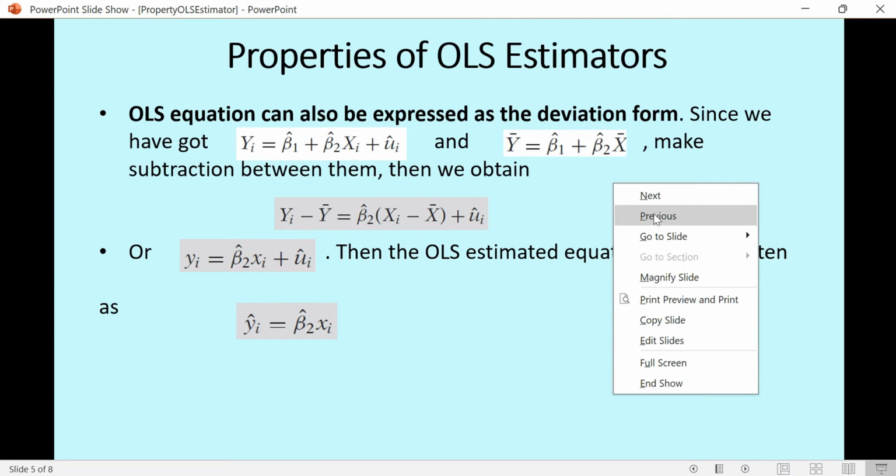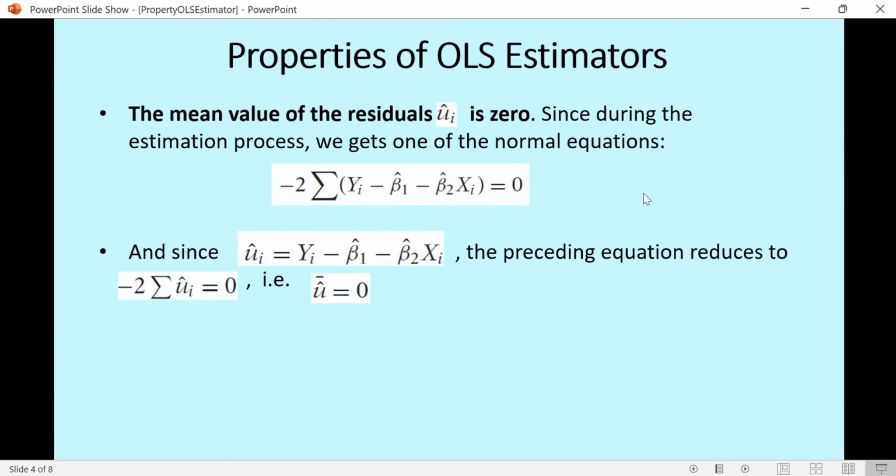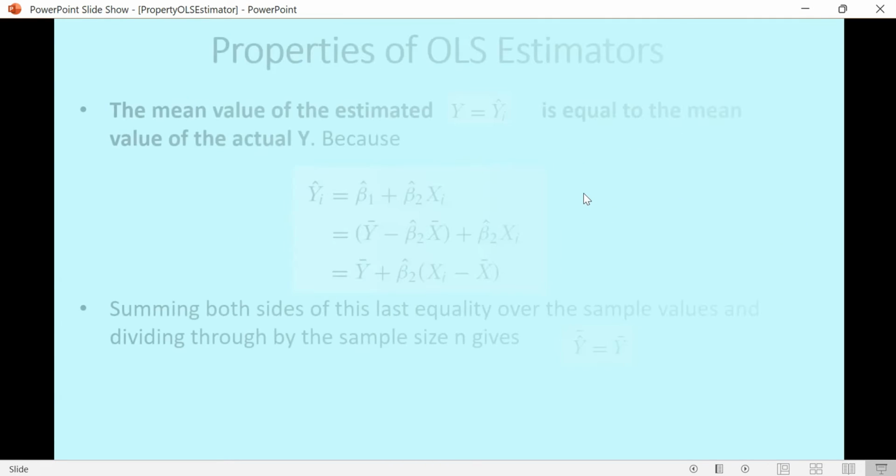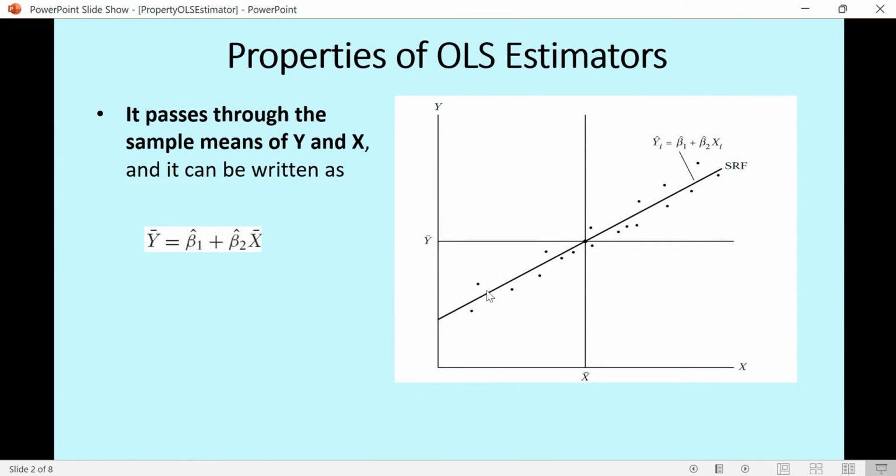If we look at this figure, what is the deviation? Deviation is the observed y minus the mean value of y. So between this point, for example, and this line, this is the mean value of y. This is the deviation between y and y bar, where y bar is the mean value of y.